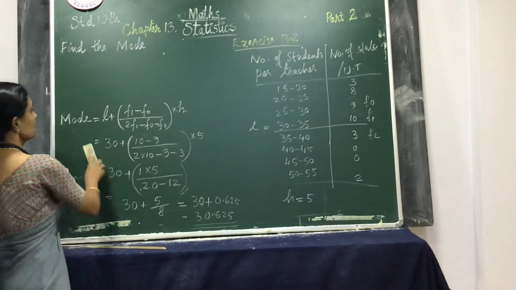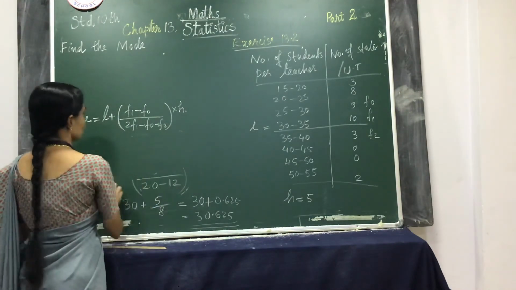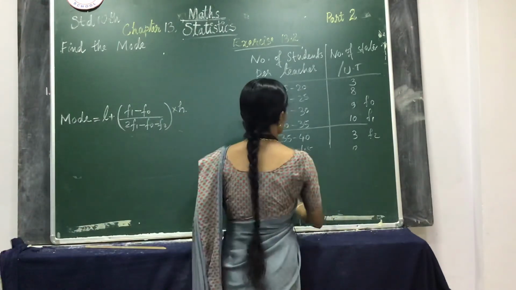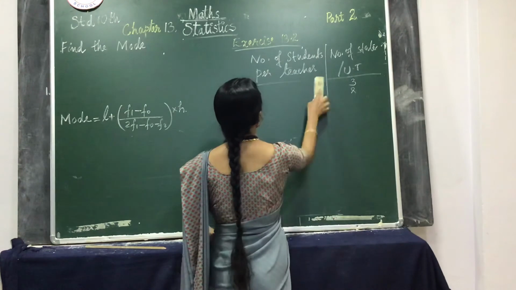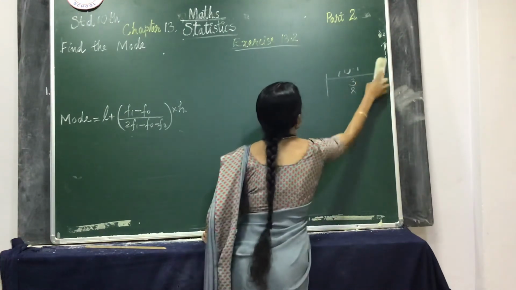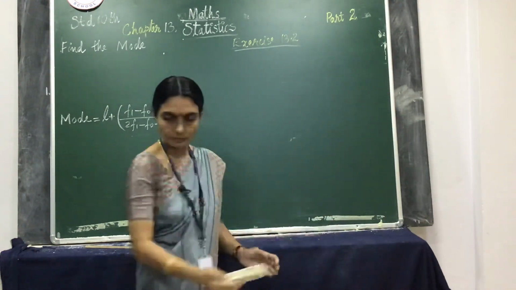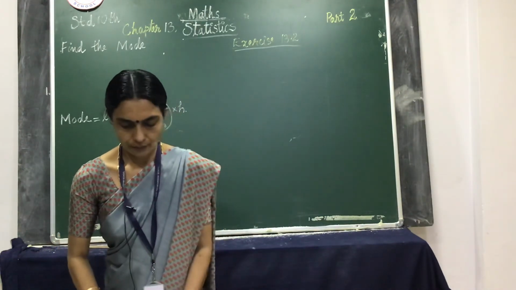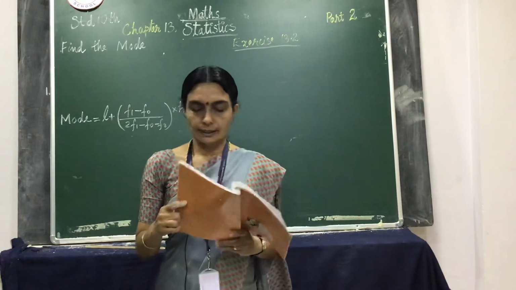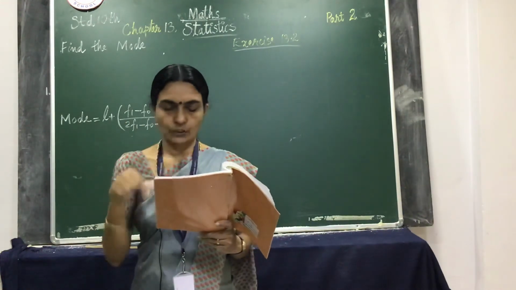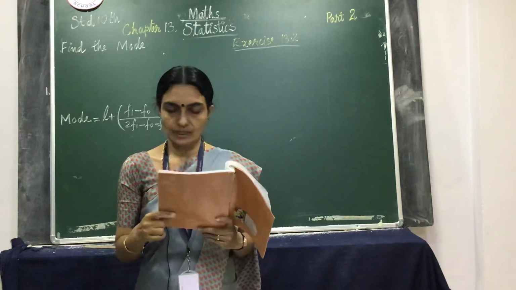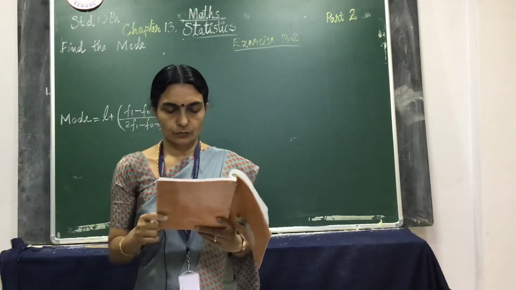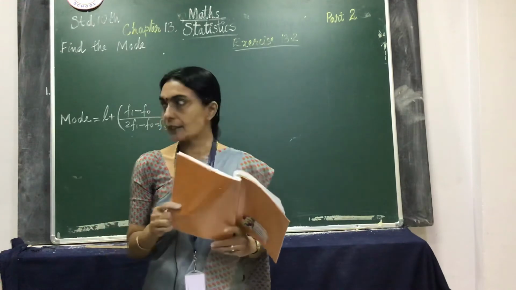Now the next one. In the next question we have, the distribution shows the number of runs scored by some top batsmen of the world in one-day international cricket matches.